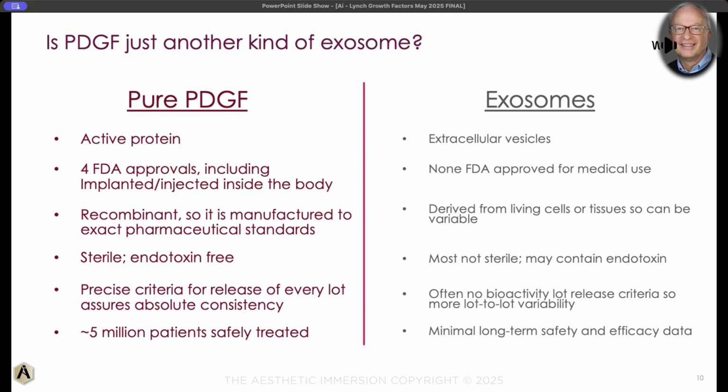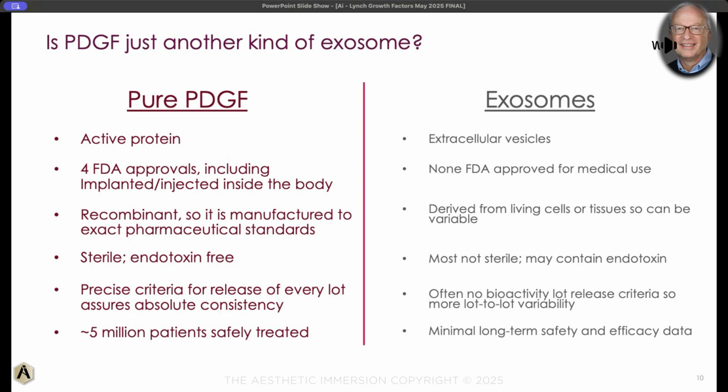In other words, the same dosing strength that's in the PDGF in Ariessence, in that little syringe as it comes in the solution, right? So same manufacturing line, same lot release specifications, everything exactly the same. The PDGF that's in Ariessence is the PDGF that's in the 4 FDA-approved products.